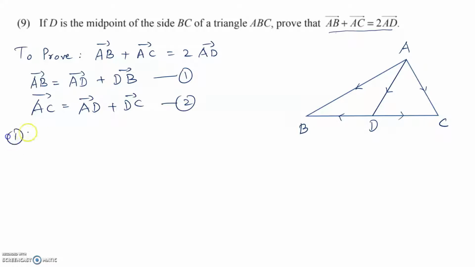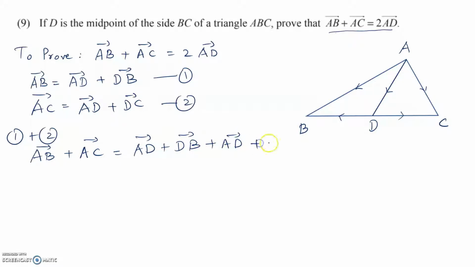If you add 1 and 2, you will get AB vector plus AC vector is equal to AD vector plus DB vector plus AD vector plus DC vector.